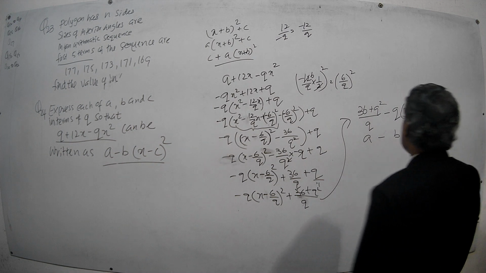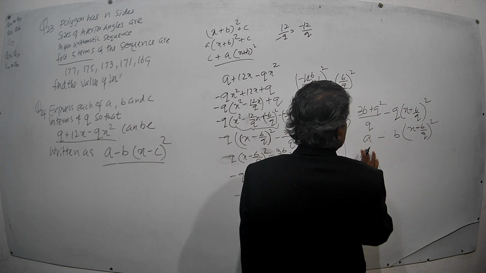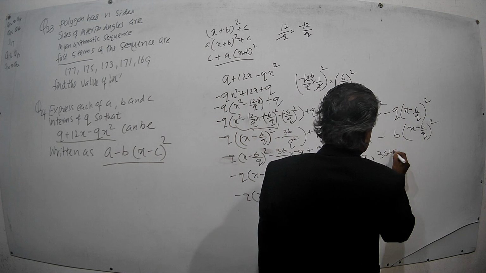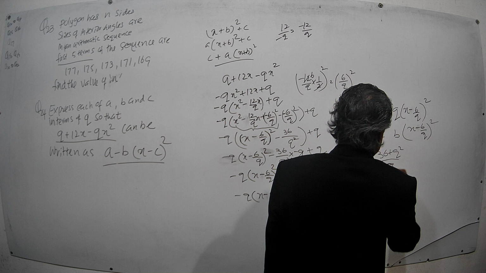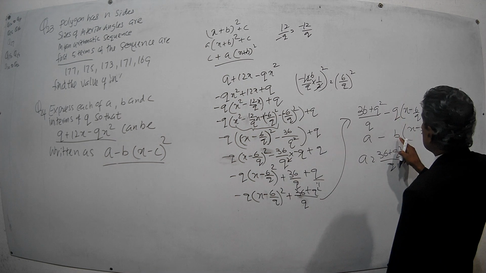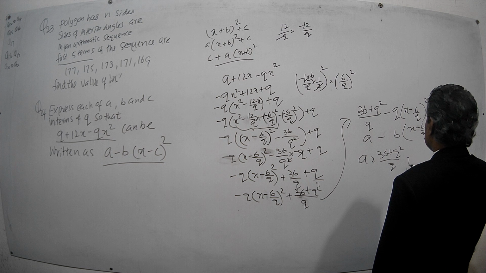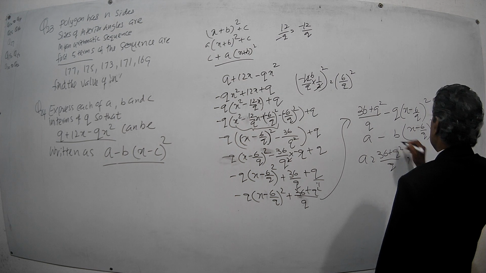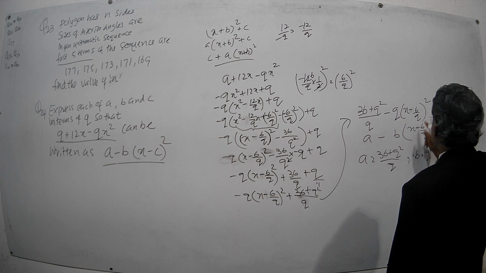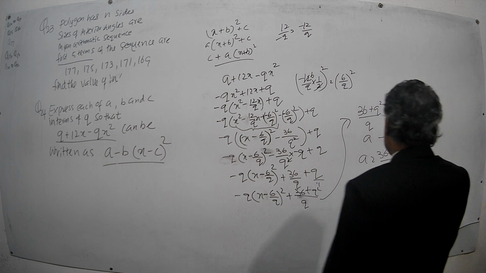Now here we will compare. Then a means this whole thing. A equals how much? 36 plus q squared over q. Then this q equals how much? That is b. Then b equals q. Sorry, b equals q. Then this is c. Then c equals how much?